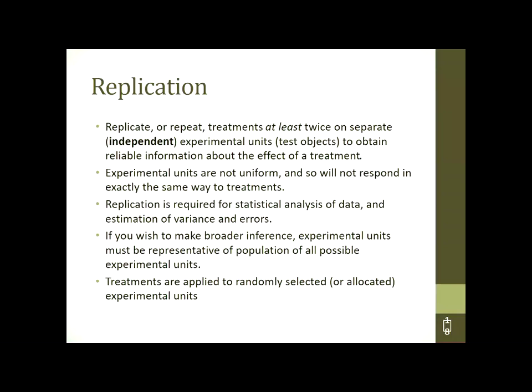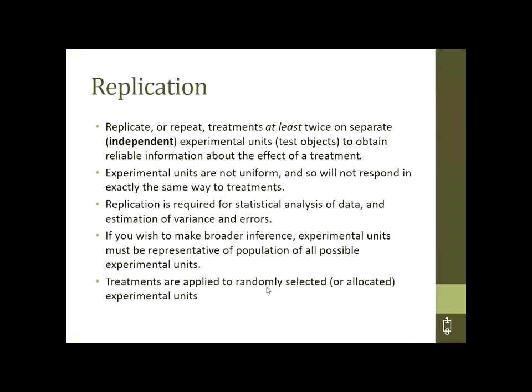If we have reduced the variability, does it make a difference? Does it change the inferences that we can draw? And then the other important thing is that treatments are applied randomly to experimental units. Not the other way around.